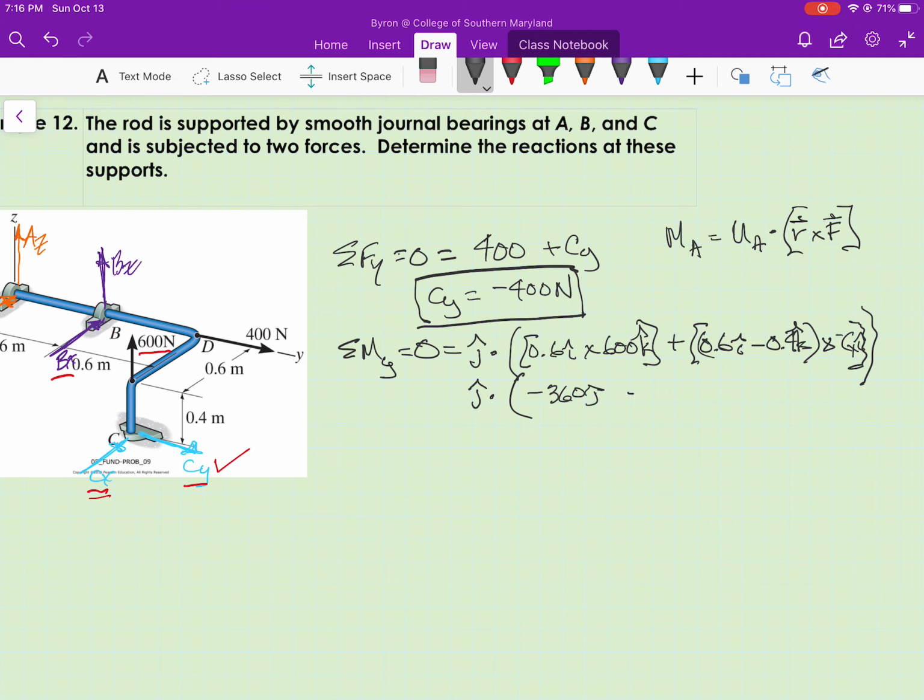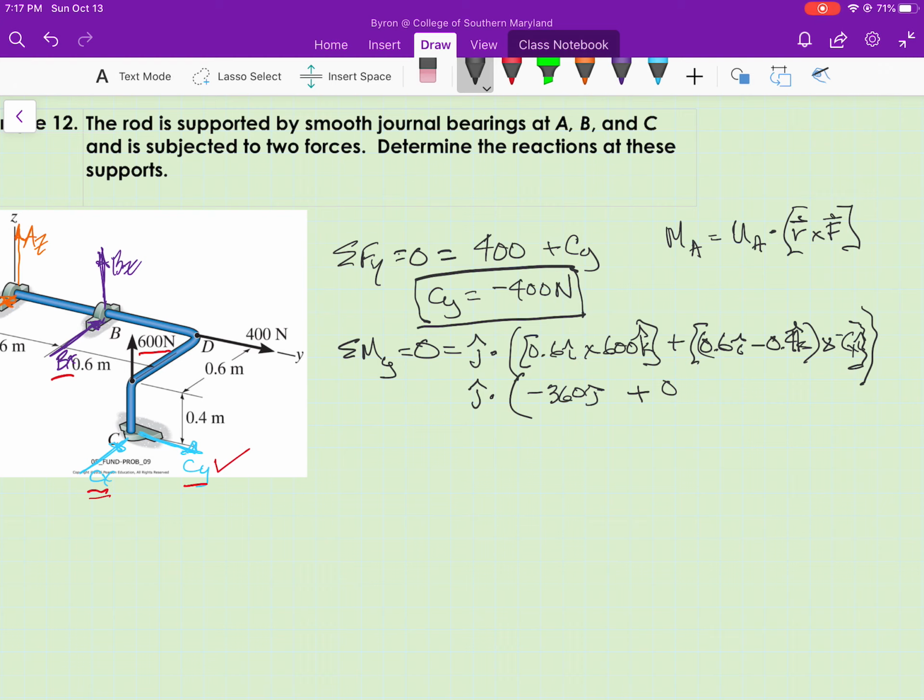Okay, plus 0.6i crossed into negative c sub x i. i cross i is 0, so that term is going to be 0.